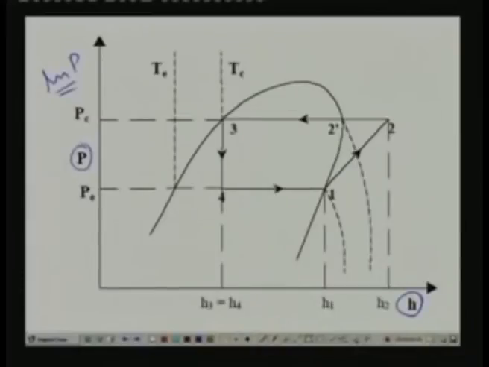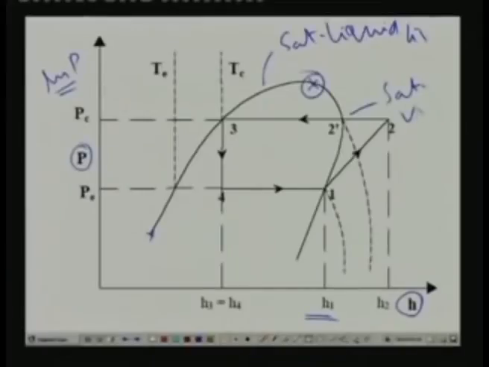Generally this is drawn on log scale, whereas the enthalpy is on a linear scale. So this is normally ln P versus h, and this is the saturation, the vapor dome. You have the critical point here, and from this point to this point is your saturated liquid line, and from this point to this point is your saturated vapor line.